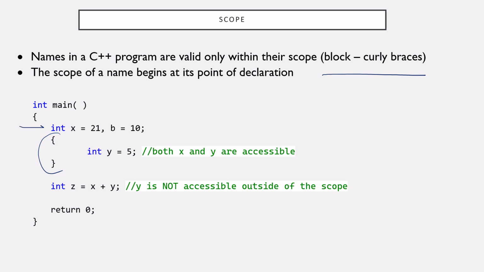If you're out here on this scope, and then you're in here, you can access inside of these brackets both X and Y because X is here and X can be brought into these curly braces. Now here, X is outside of the curly brace and Z is outside of the curly brace, but Y is inside of these curly braces. So Z does not have access to the scope of the Y that's inside of these curly braces.